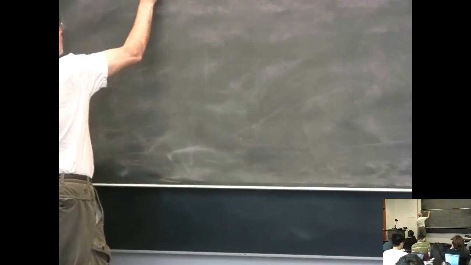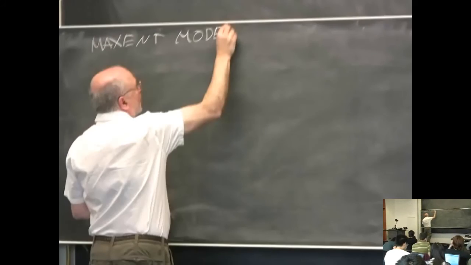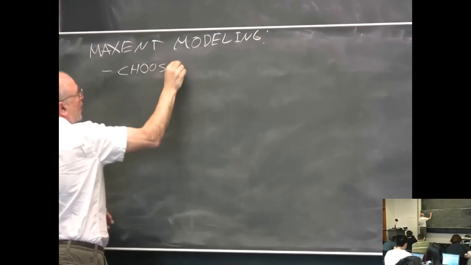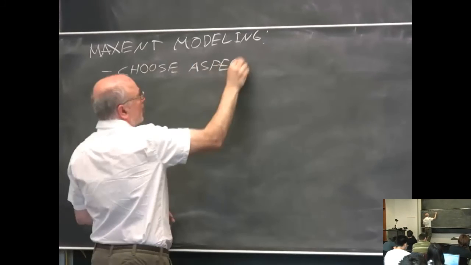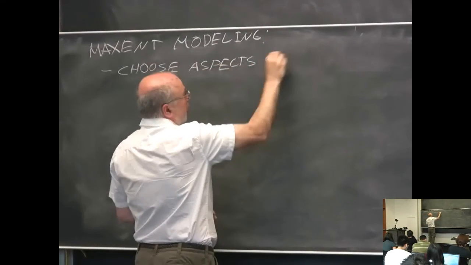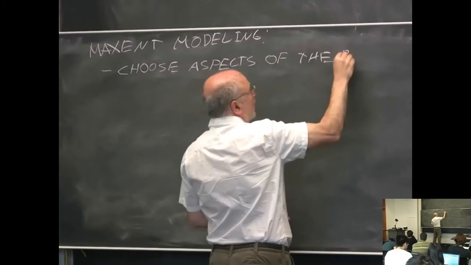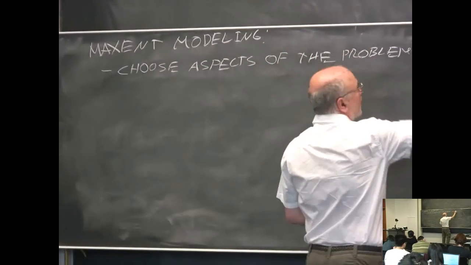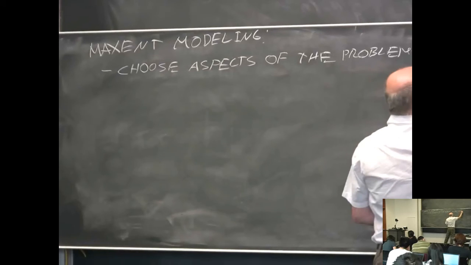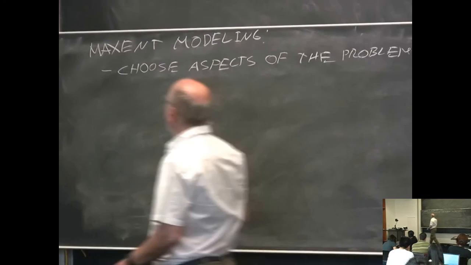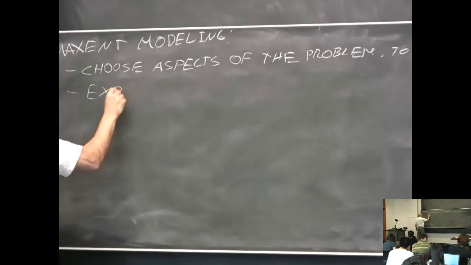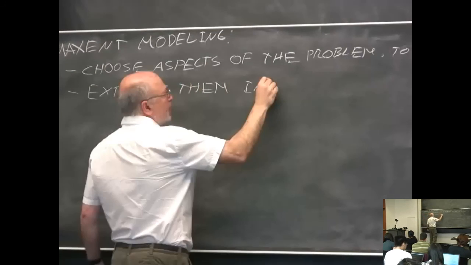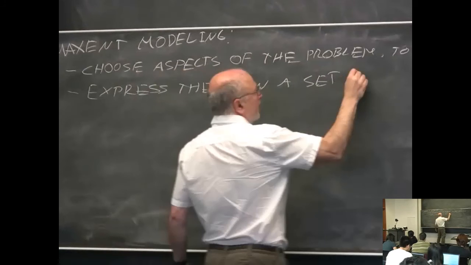Max-Ent modeling says choose aspects of the data to model, aspects of the problem to be modeled, express them in a set of features, of feature functions.